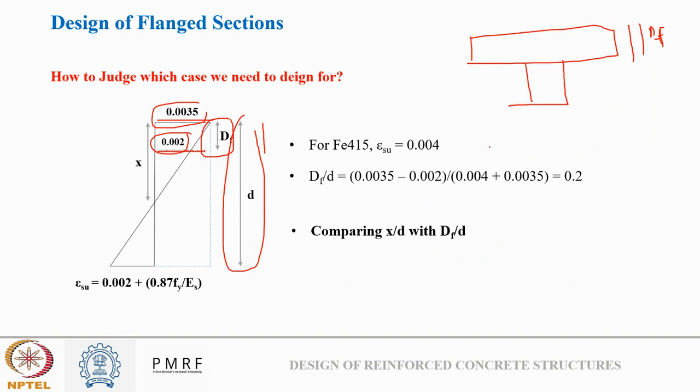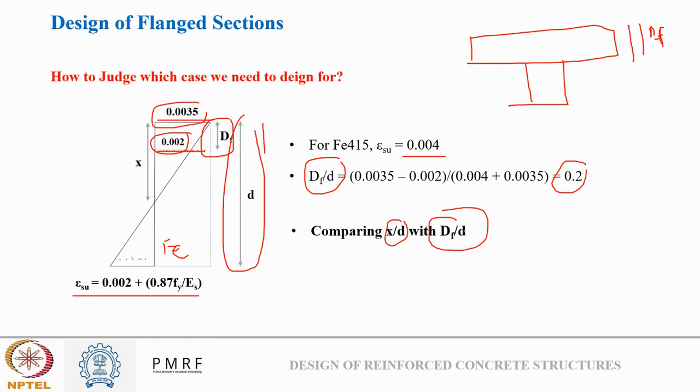Okay, so steel is generally taken as Fe415. So if I assume I am providing Fe415, my epsilon su will come out to be 0.004. So I can calculate the Df by d value by similar triangle property, and it will come out to be 0.2.